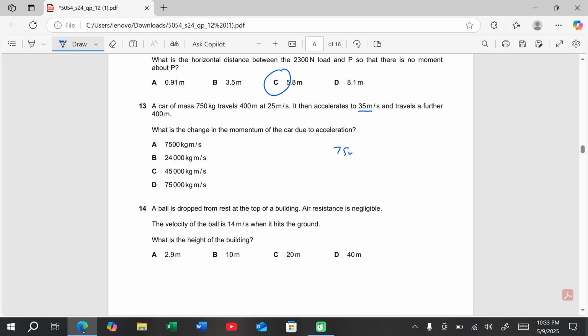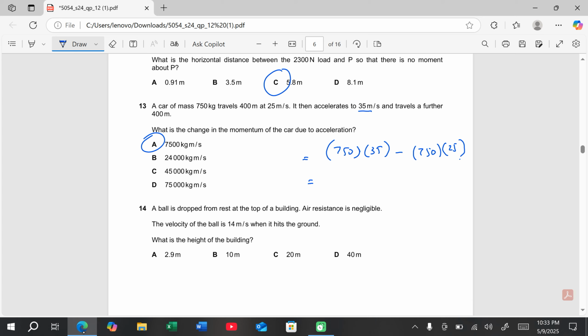So mass times final velocity, since it's not changing direction, we don't need to put a negative with one of the velocities. And I'm going to solve this. I'm going to get this as an answer.